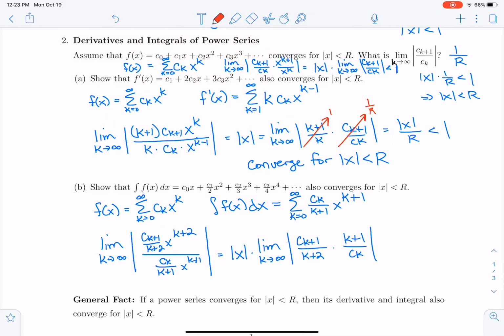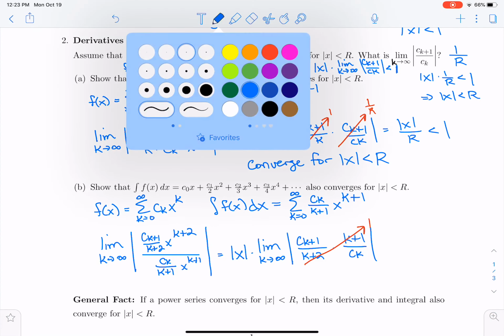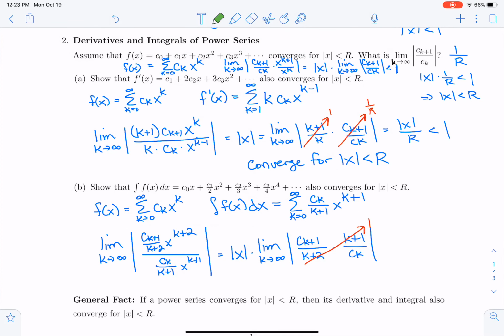Now, the limit of (k plus 1) over (k plus 2) as k goes to infinity is going to be 1. And then the limit of c sub k plus 1 over c sub k is going to be 1 over r. So this is again going to give me |x| over r is less than 1.